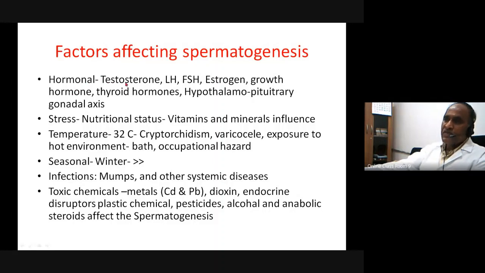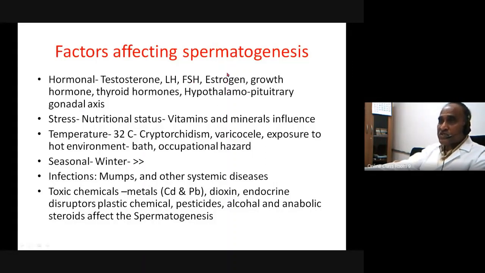Testosterone is required for spermatid to spermatozoa differentiation. LH is necessary for the secretion of testosterone from the Leydig cell. FSH is necessary for the activation of spermatogonial cells, and at the same time for the nourishment which it receives from the Sertoli cell.